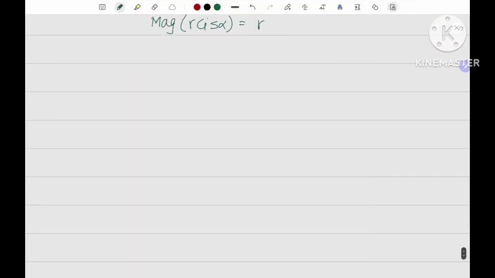Just a quick few things I will tell you. There is no meaning of inequality in complex numbers.